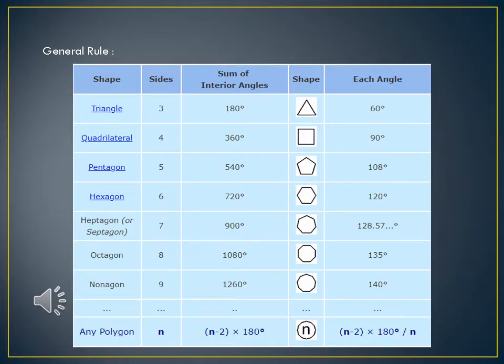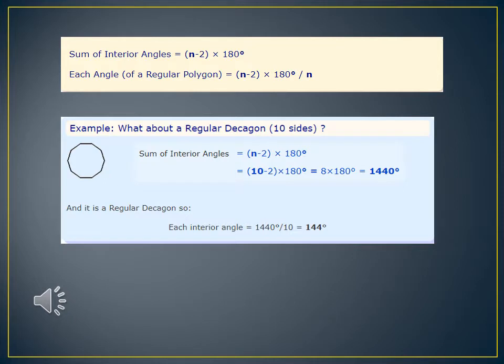So this is a general rule for the interior angle of a polygon. We show the shapes from triangle until nonagon, but it can be bigger than that. There is a sum of interior angles formula, and how to find each angle of a regular polygon. We also share some examples.